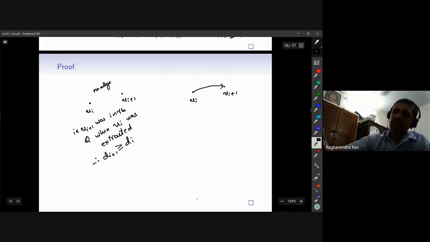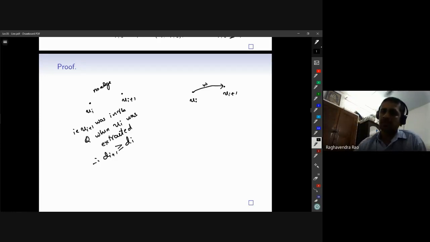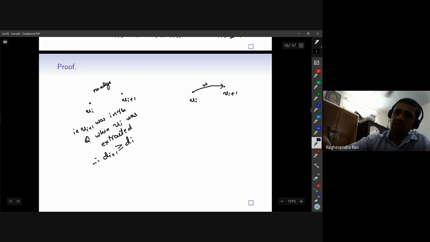Now there is an edge, of some weight, let's say w is the weight. Then there are two possibilities. One is ui plus 1 was present. Second possibility is ui plus 1 was not present.